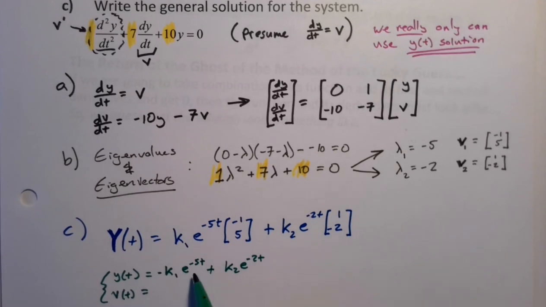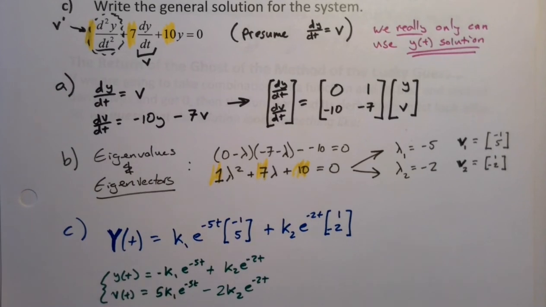And if you take its derivative, you can probably see where it's going. The -5 times the -1 becomes 5k1 e to the -5t minus 2k2 e to the -2t. And you can see that the velocity really is just the first derivative of the position.